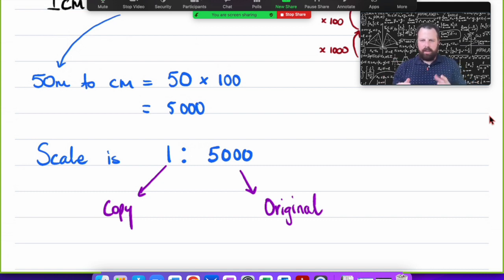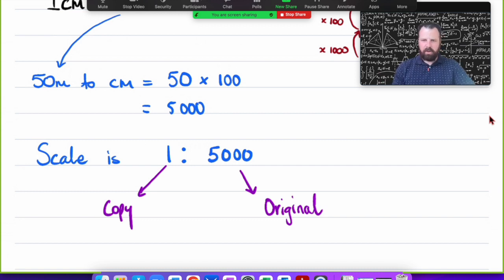And that could be anything. 1 millimeter on the copy is 5,000 millimeters on the original. 1 centimeter on the copy is 5,000 centimeters on the original. 1 kilometer on the copy is 5,000 kilometers on the original. That's how we interpret that.